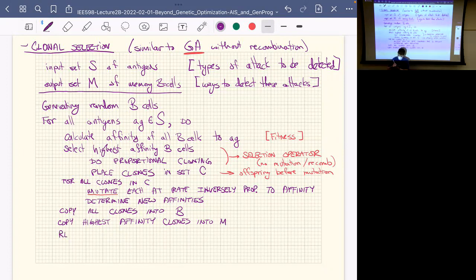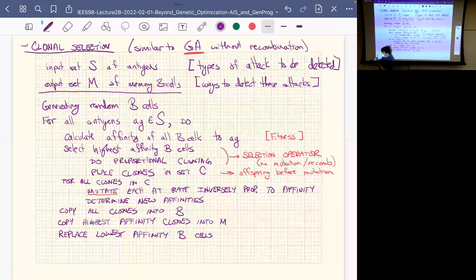So replace lowest affinity B cells in B with random alternatives.